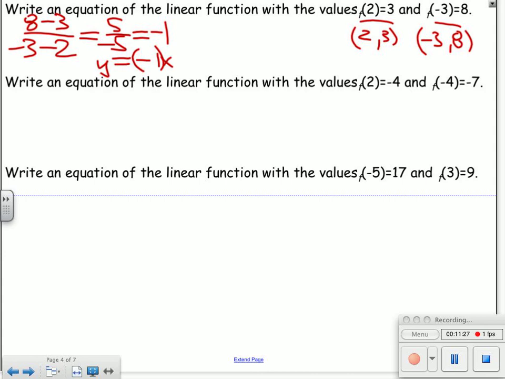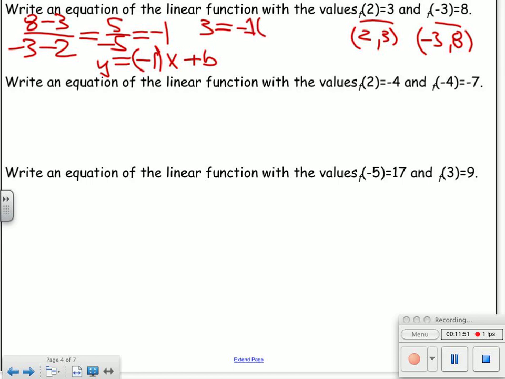-1, if you want, you can write that there if that helps you. Again, I like to put it in parentheses. I'll fix that one thing there. So it's -1 x plus b. So now I'm just looking for the value b when I substitute in one of these points.